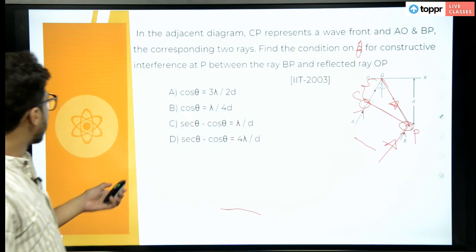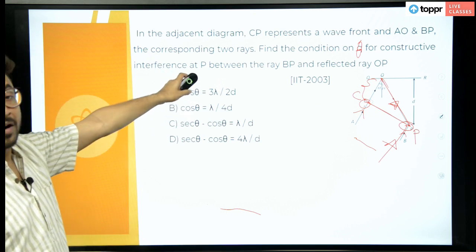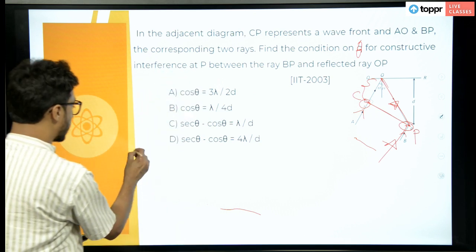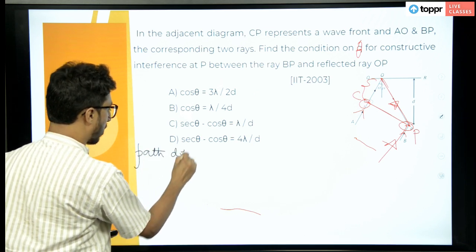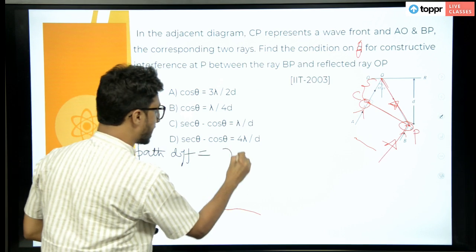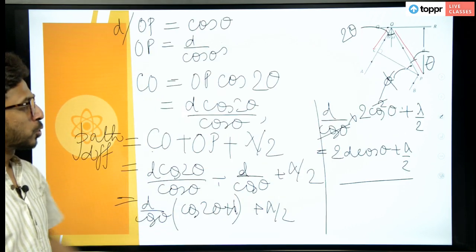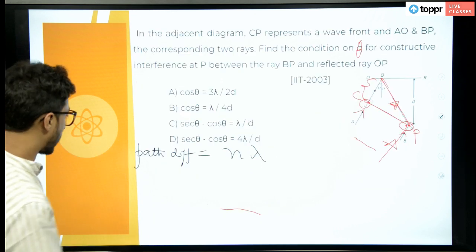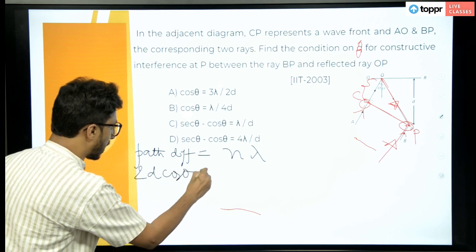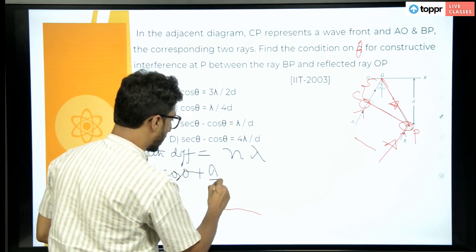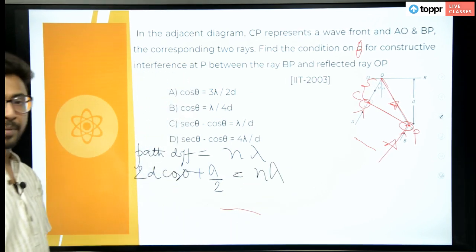Now, for constructive interference, the path difference will be an integral multiple of lambda. Our path difference is 2d cos theta plus lambda by 2. So 2d cos theta plus lambda by 2 equals n lambda.